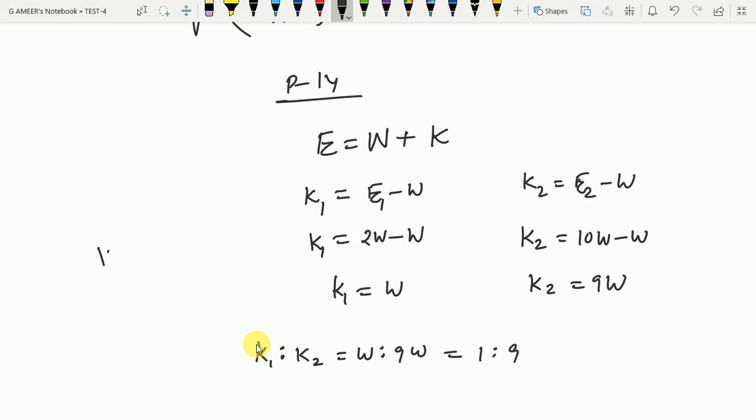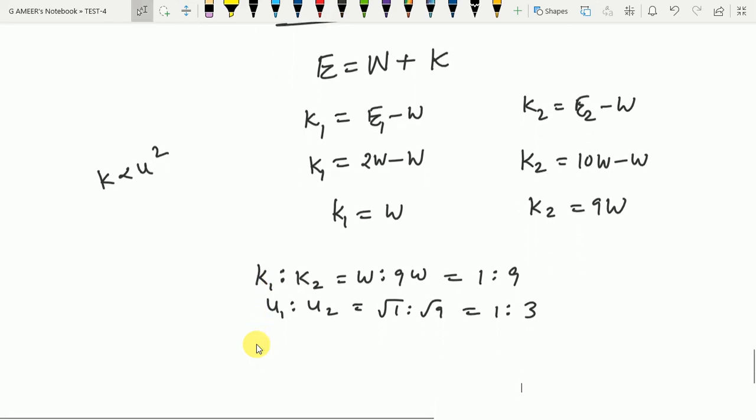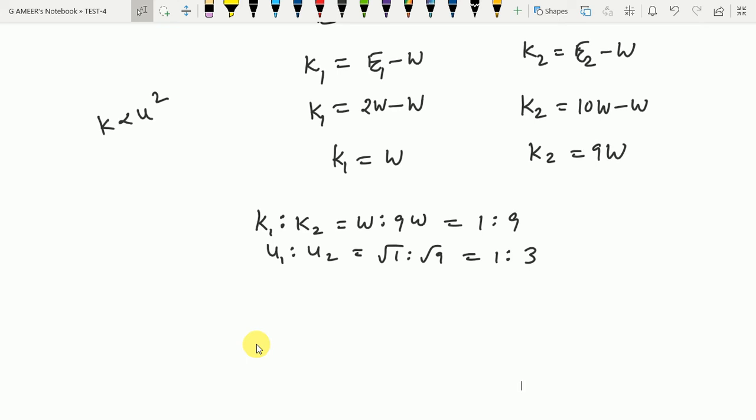But kinetic energy is directly proportional to v square, half mv square. So v1 is to v2 will be the square root of 1 is to the square root of 9, that is 1 is to 3. The 1 is to 3 option is there in B. So B is the right answer.